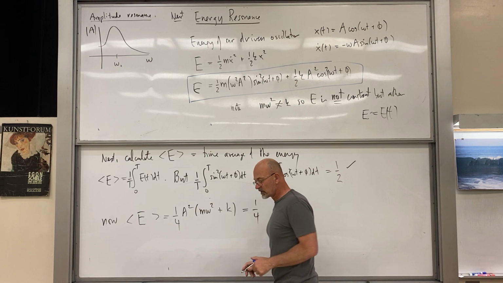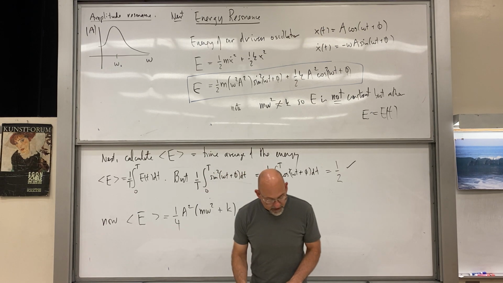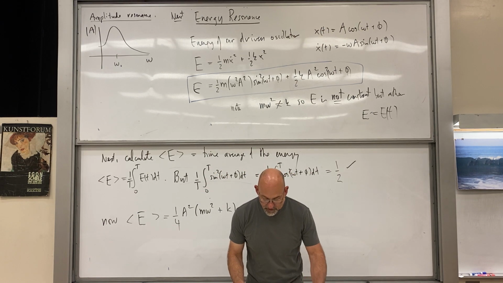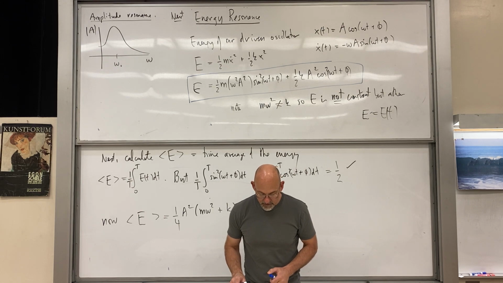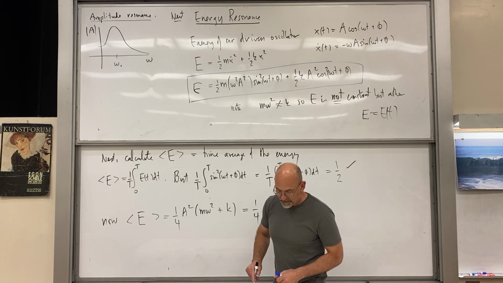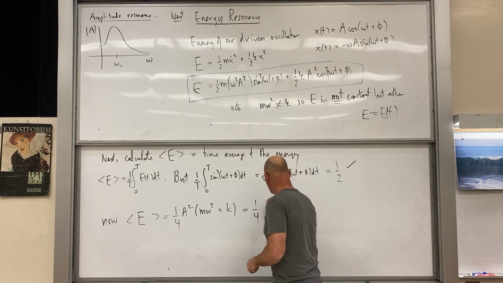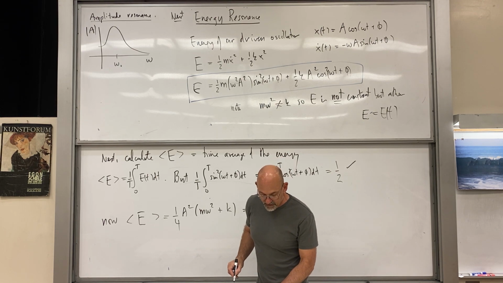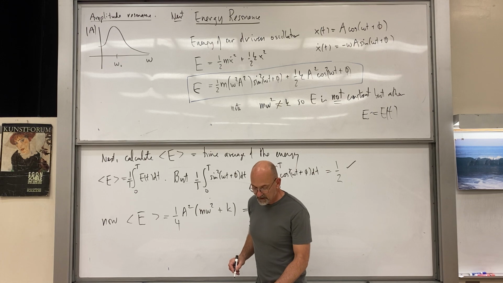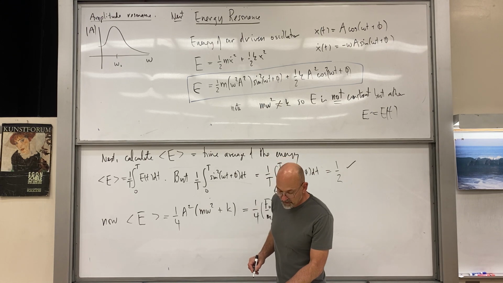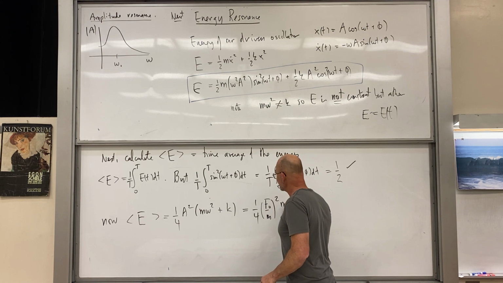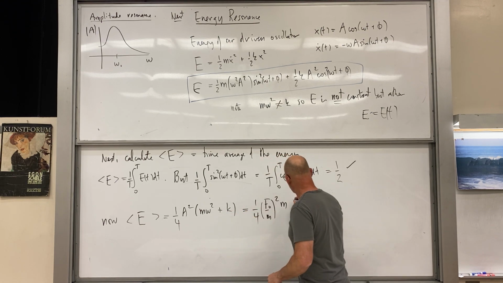So 1/4, let's go find that amplitude squared here. So we got the 1/4, we've got the f0 over m squared, I'll put that there in that form. And then what do we have, the m? We've got this m right here, and I'll factor that out.